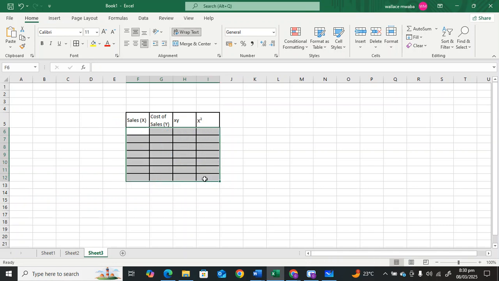So colleagues, here's a question for you. Which one is the independent one and which one is the dependent one? If you look at the relationship between sales and cost of sales, which one do you think is independent and which one is dependent?